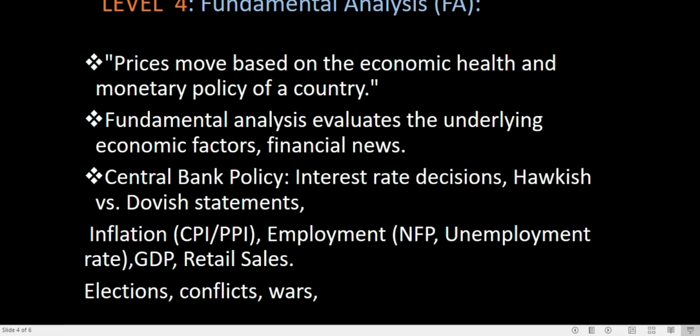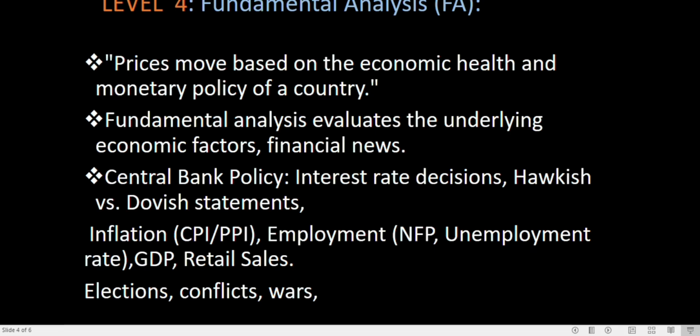You understand? If you remember, when we talk about the participants or who moves the market, we said central banks and the government. In brackets, we stated monetary policy. So fundamental analysis comes to play about price moves based on the economical health and monetary policy of a country.